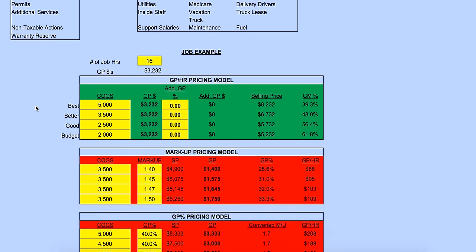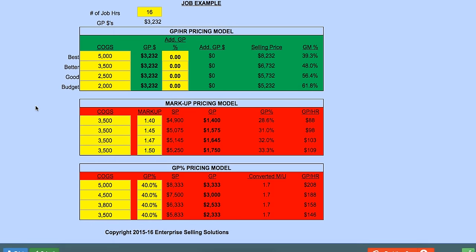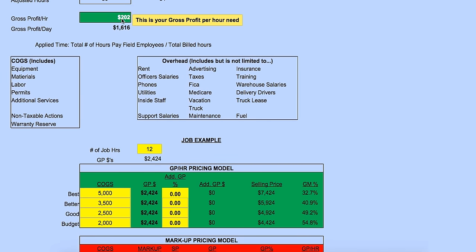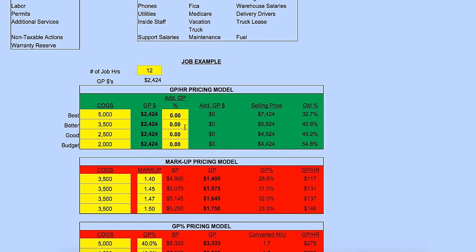Now, I've also included down here an example of what happens with the 3 different ways that dealers typically price a job. So we've got the gross profit per hour model, which says that if I've got 12 hours of work at the $202 per gross profit hour, then my gross profit will be $24.24.